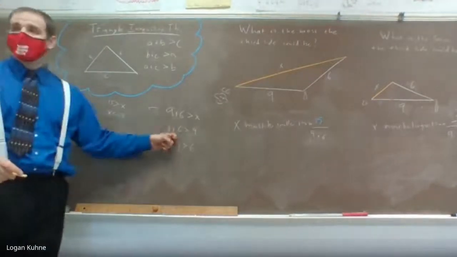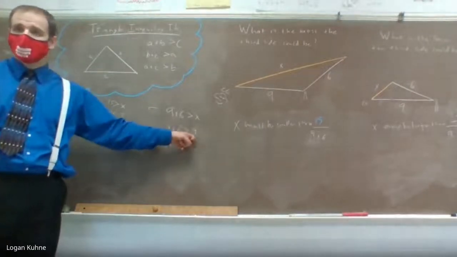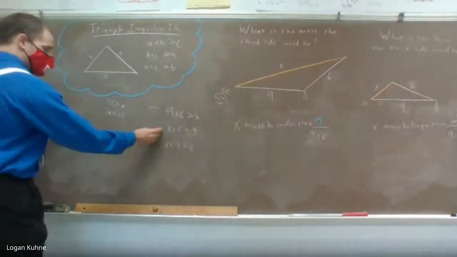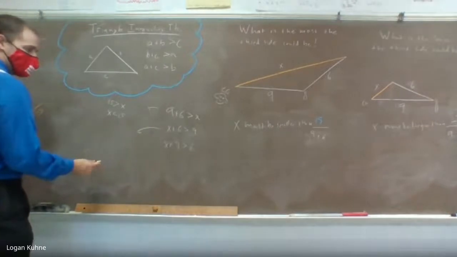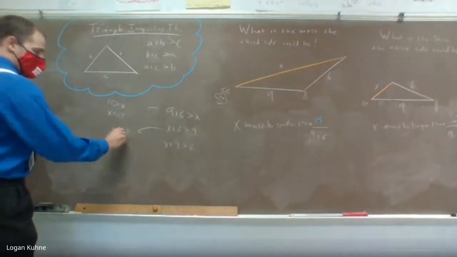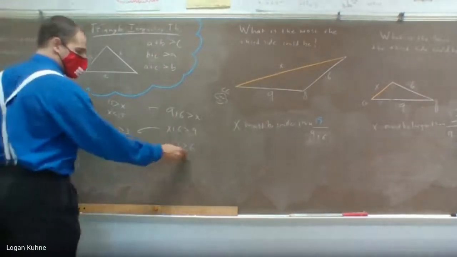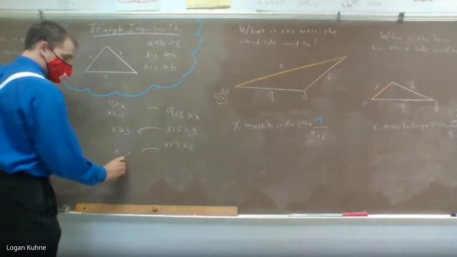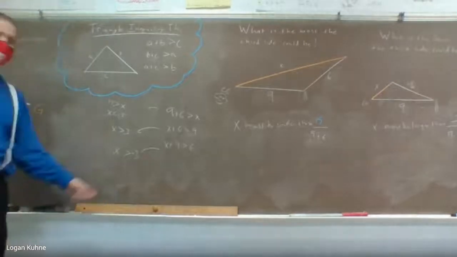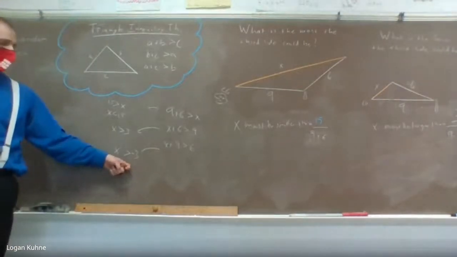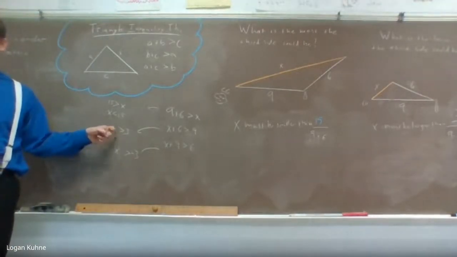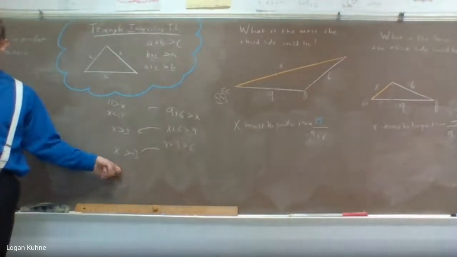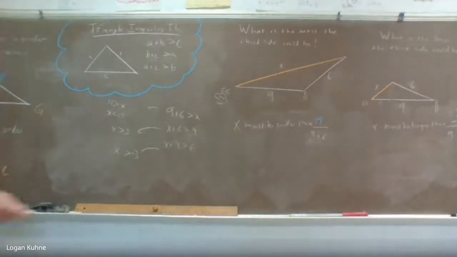This one, subtract 6 from both sides, right? And we're gonna get X is greater than 3. This one, subtract 9 from both sides. X is greater than negative 3. Do I need to worry about that one? No, because this one takes care of it, right? If X is bigger than 3, it's got to be bigger than -3. Okay, so what does that tell me?